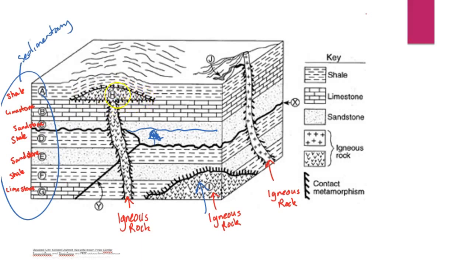So we have igneous rock pushing up through here. We again have mudstone laid down, which again means that water was on the top. But the igneous rock has hit the top of the limestone and spread out at this point here.